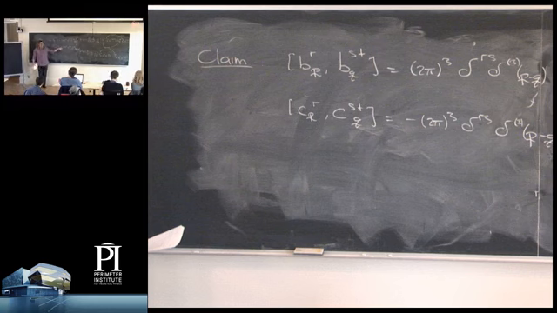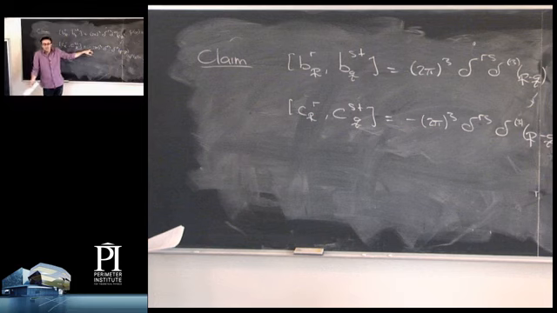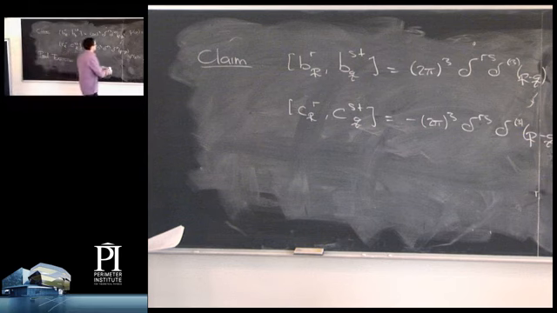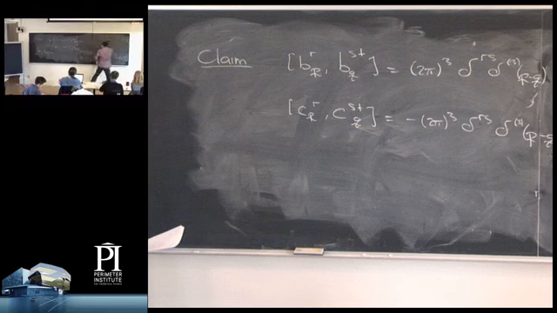Nothing wrong with it at the moment, but it's different from the B's, and it's different from what we had for the scalar. There's a minus. You might think that's okay, we'll just redefine C and C dagger.